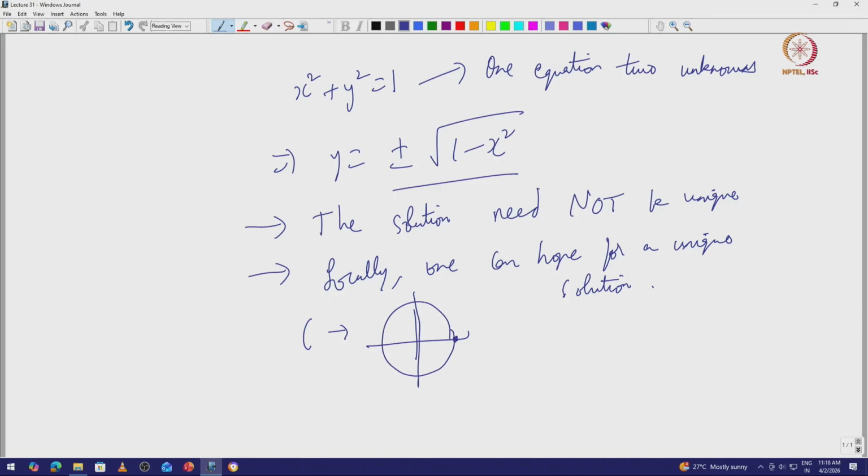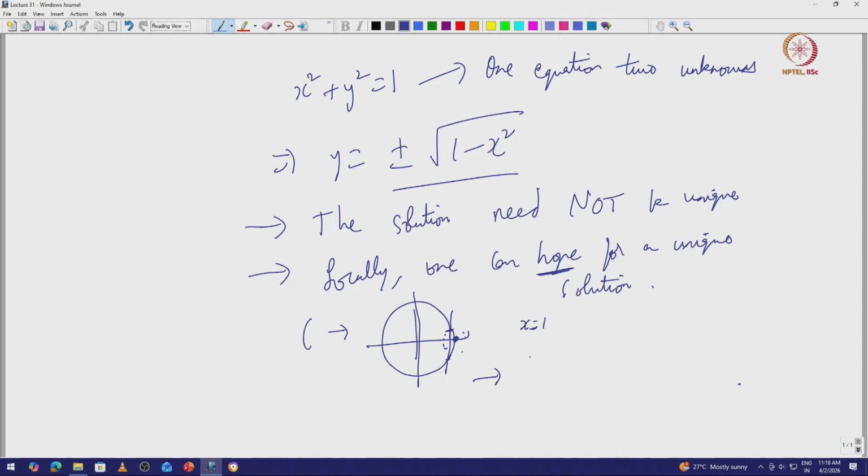If you look at the point x equals 1, no matter how small a neighborhood you choose, you will have two solutions, right? The vertical line test will fail here. One can only hope, but the hope need not manifest as reality. This is one problem.